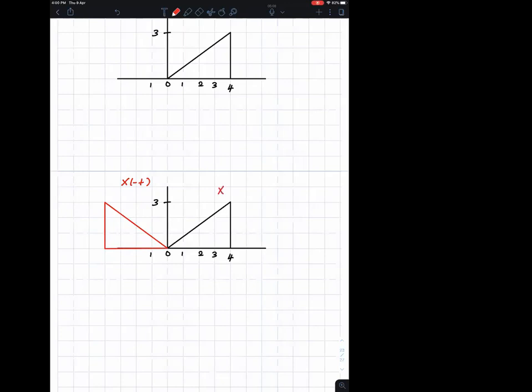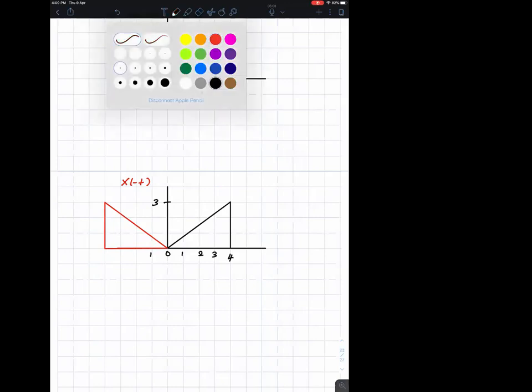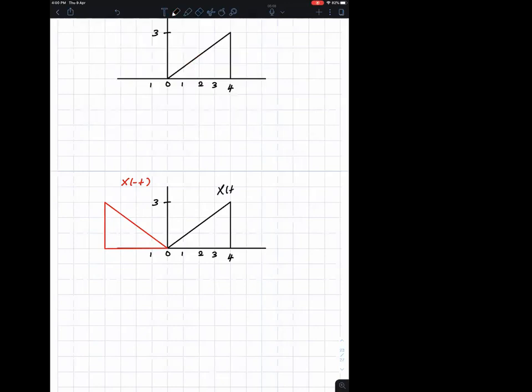Okay, this is x of t, and this is x of minus t on the left side.